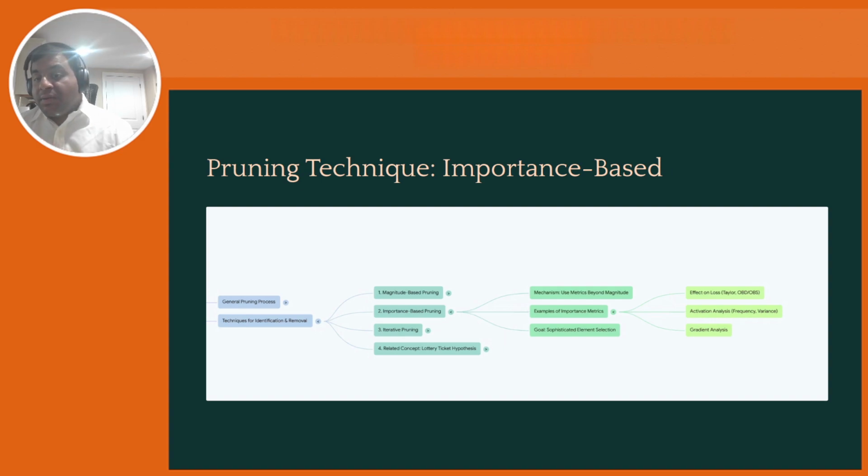The goal is a more sophisticated selection of elements, potentially leading to better accuracy for a given level of sparsity compared to simple magnitude pruning, though it can be more complex to implement. So it's like on one end we have a simple approach, and on the other end we have a much more complex one using much more mathematical functions to find which layers to prune.